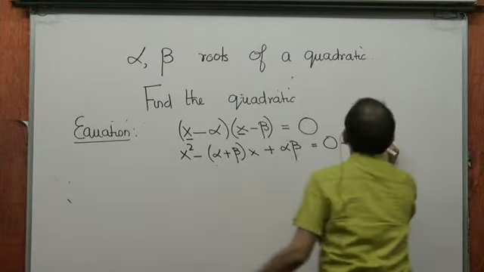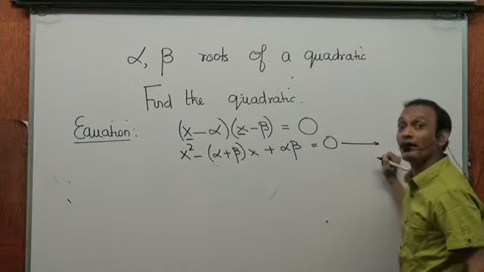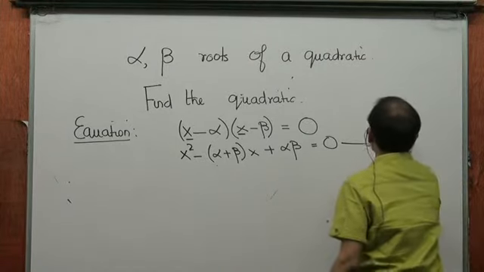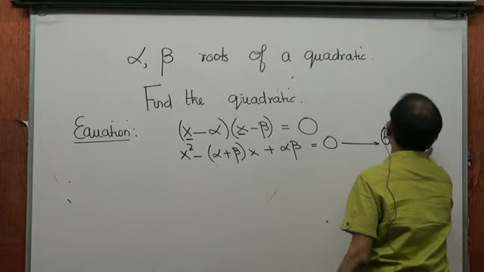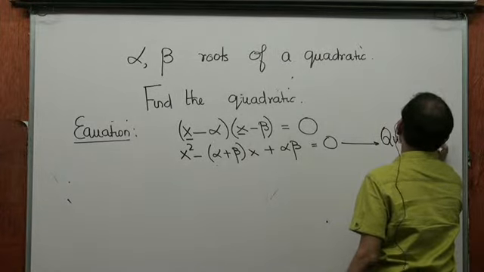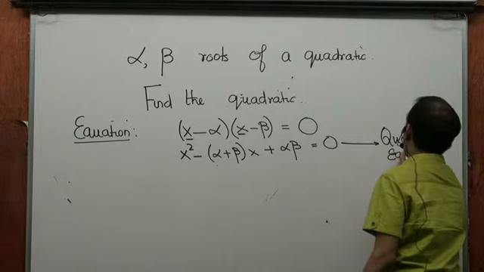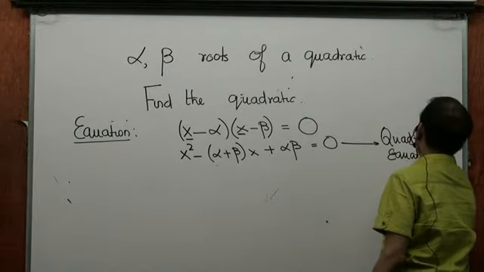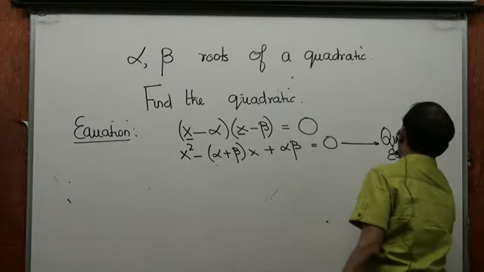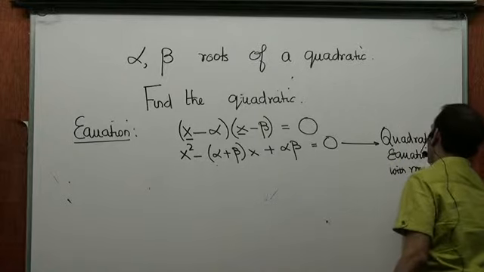This then, since it's satisfied by x equal to alpha and by x equal to beta, is a quadratic equation with roots alpha and beta.